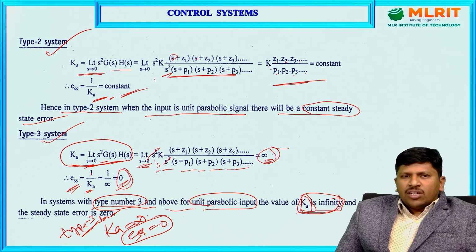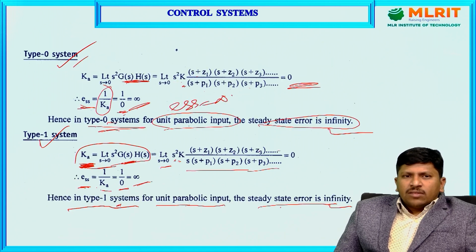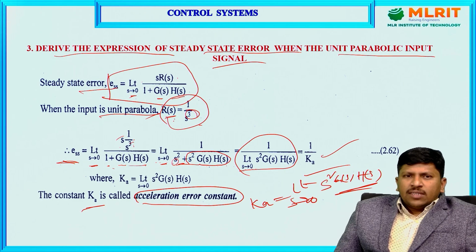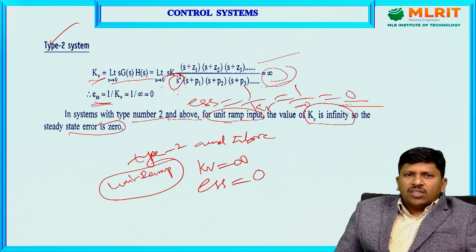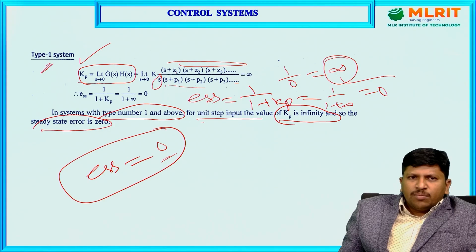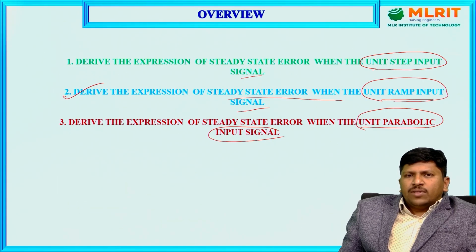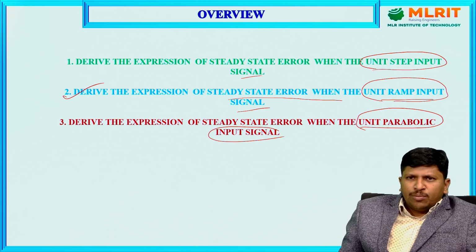The acceleration error constant, the velocity error constant, and the positional error constant are all nothing but the static error constants. This is about the derivation of the expressions of steady state error for various inputs like unit step, unit ramp, and parabolic signals.